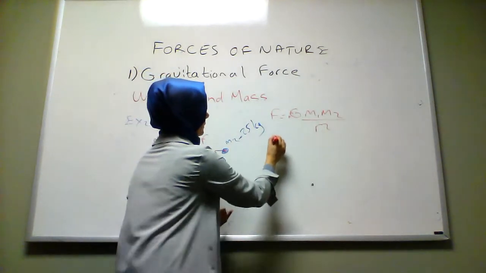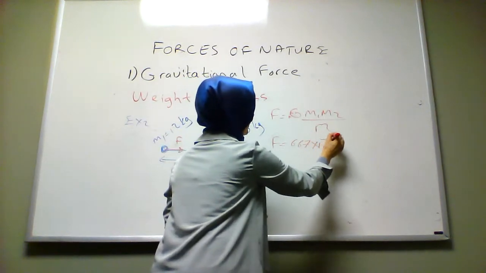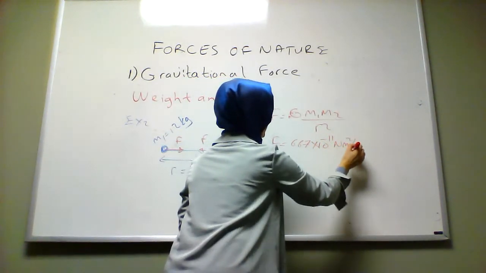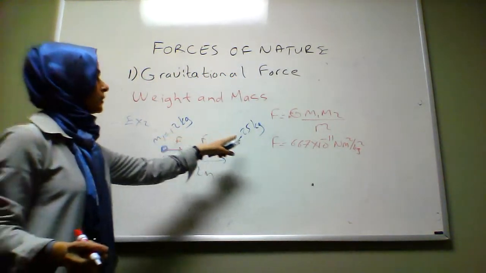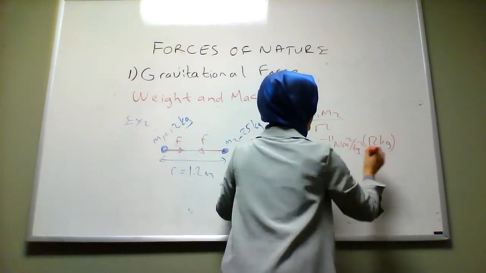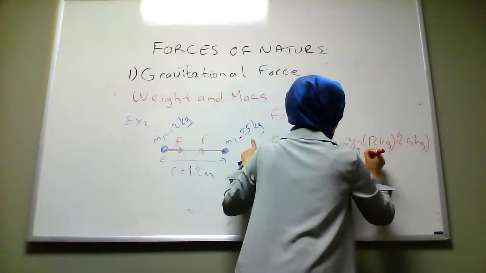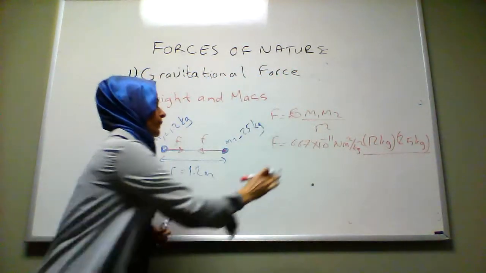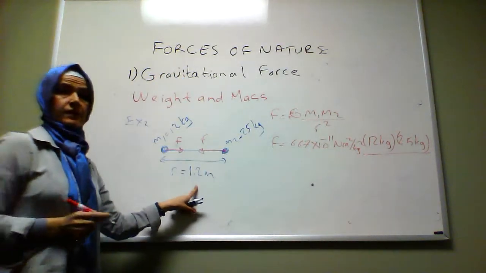So 6.67 times 10 to minus 11 Newton meter squared divided by kilogram squared, 12 kilogram M1, 25 kilogram M2. 12 kilogram, let me put parentheses again, times 25 kilogram divided by distance squared, 1.2 meters squared.